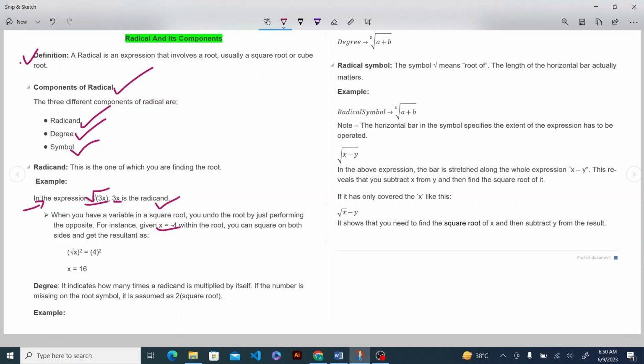So students, we have this equation square root x is equal to minus 4. We want to find the value of x. So we will take square on both sides.